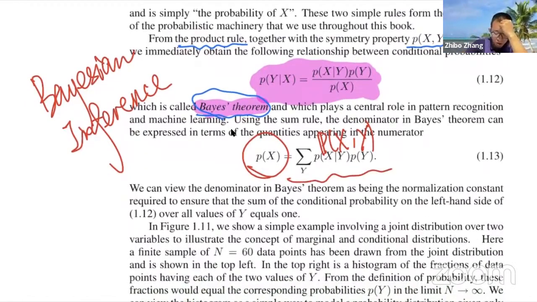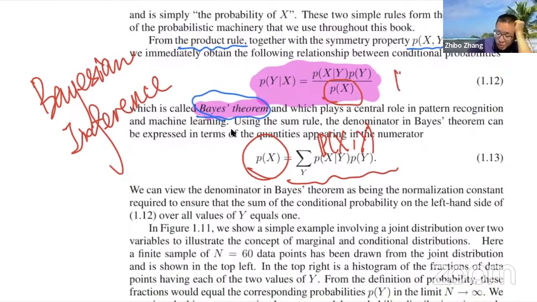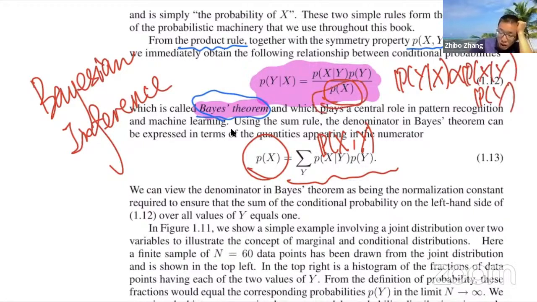This P(x) is most of the time intractable, and we have to approximate the posterior, as you will see in a lot of machine learning algorithms. We often treat this part as a constant.